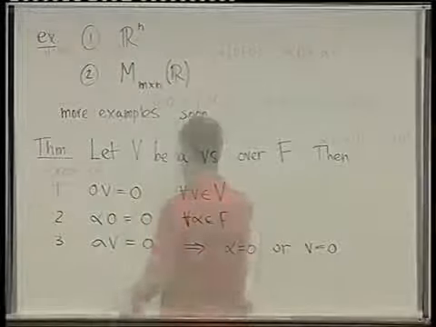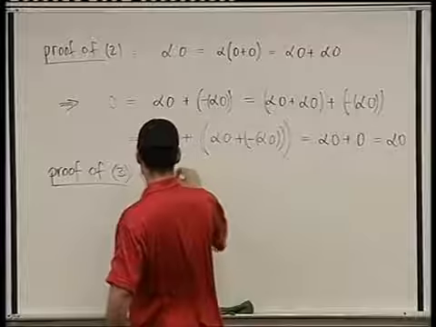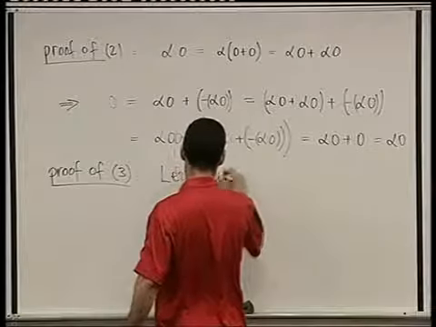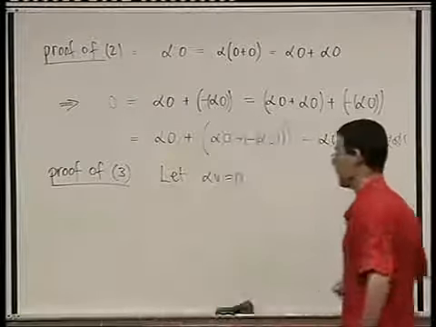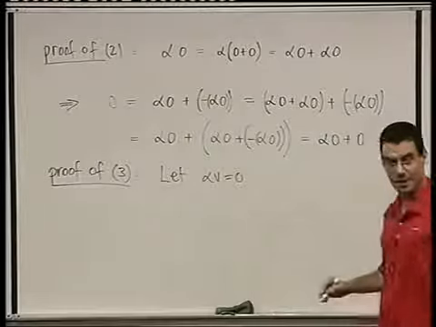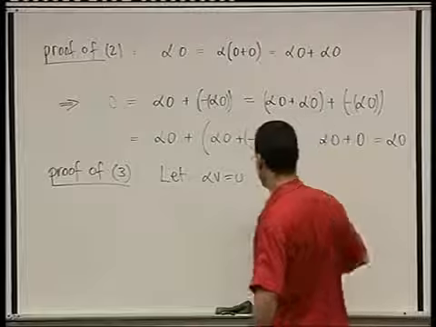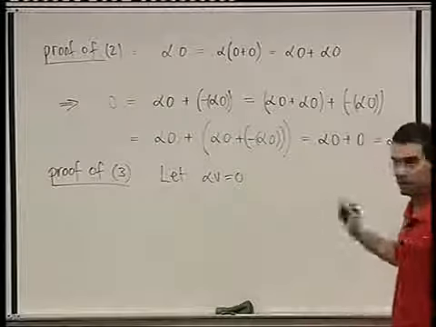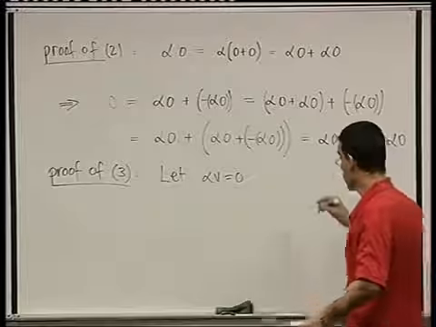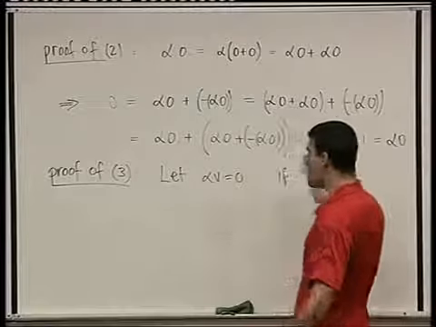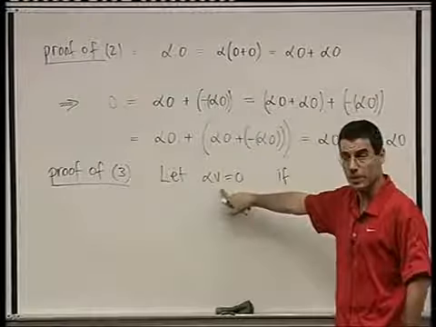So let alpha times v equal 0. Does anybody remember how we did this? Okay, so I'll remind you, we first assumed that alpha is 0. Okay, so we need to prove that either alpha is 0 or v is 0.